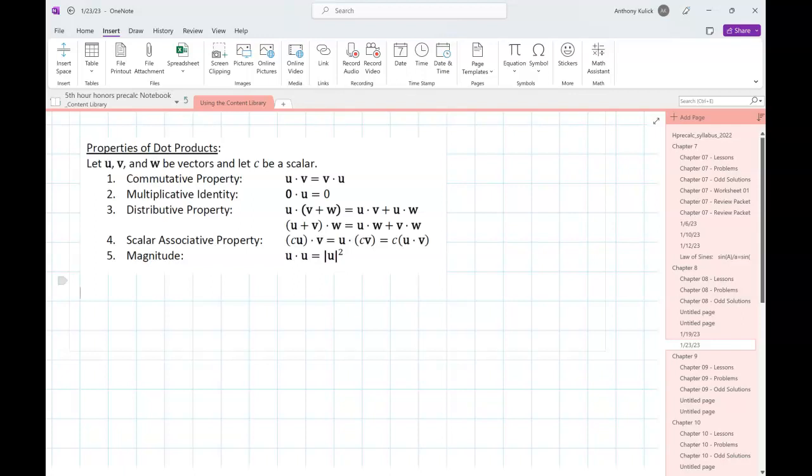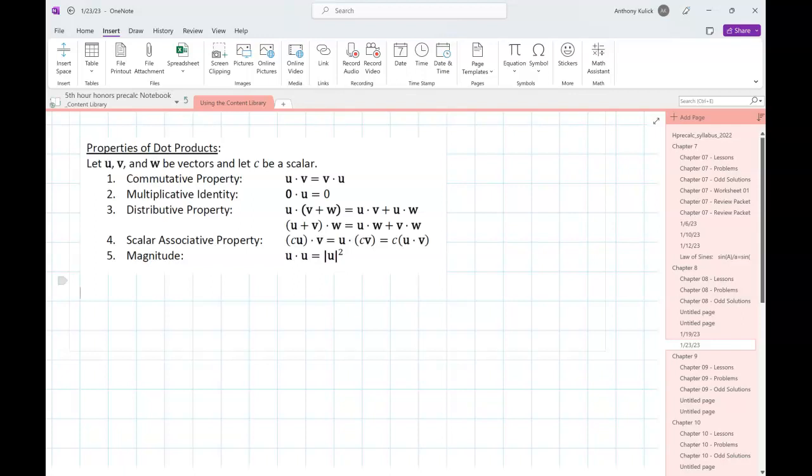If I take the dot product with the zero vector, I get the number 0, not the vector 0, but the number 0. I can distribute with the dot product either from the left or from the right.